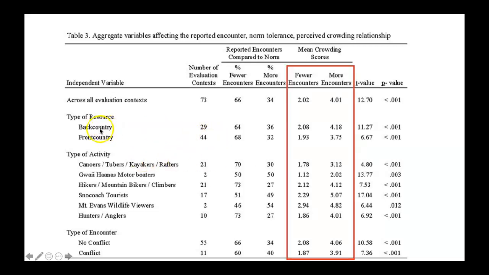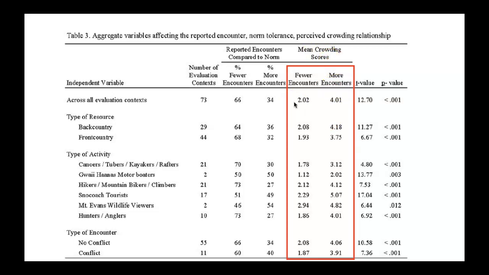So across front country, back country, across canoers, across motorboaters, off the coast of Canada, across hikers, bikers, rock climbers, snow coach tourists, wildlife viewers, hunters and anglers, and whether or not people had conflicts on the trail, the lower number of encounters they had, the less crowded they felt, and the more number of encounters they had, the more crowded they felt. This is pretty simple.